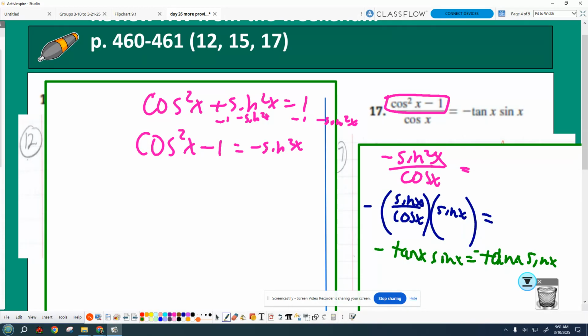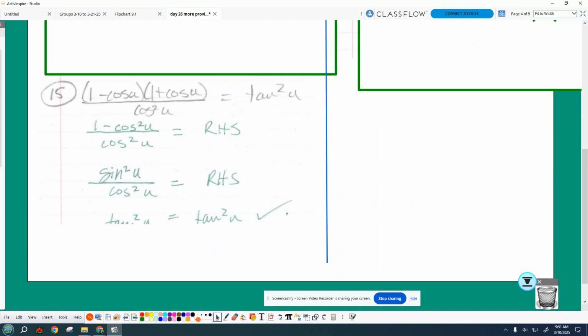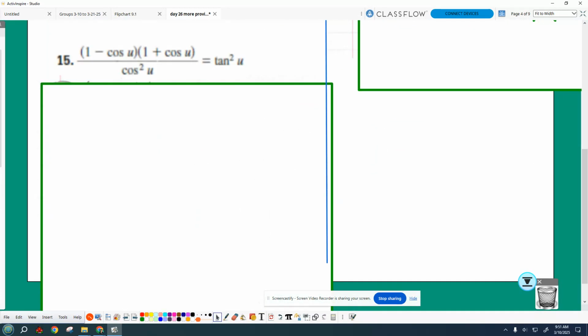Leo, what do you think? Yeah, okay, then, Cleo, how do I do this last one? Which side looks more complicated, first of all? The left. Clearly the left. Okay, so multiplying the stuff in the numerator, what do we get? 1, cosine u, minus cosine u.